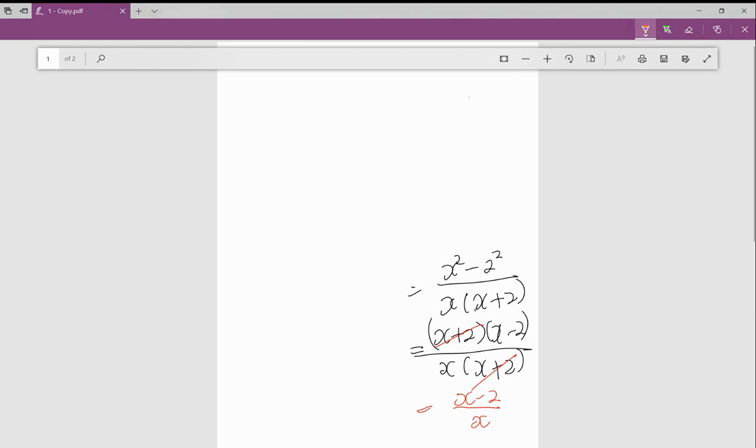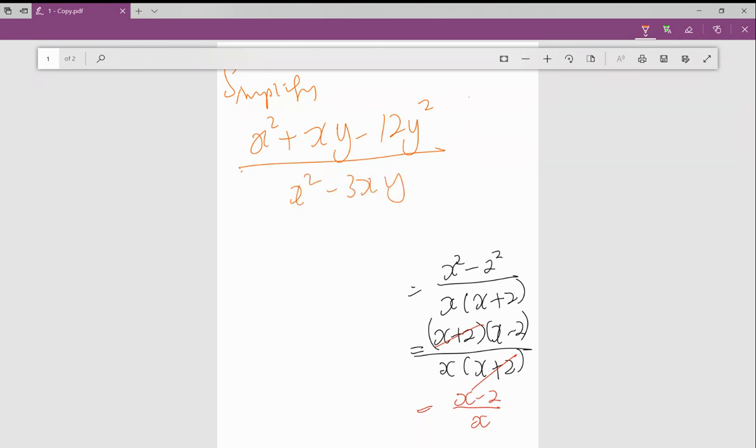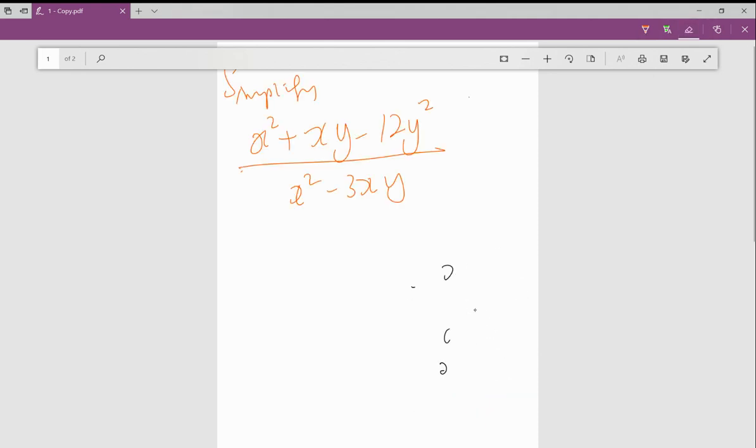Okay, so the question is simplify x squared plus xy minus 12y squared divided by x squared minus 3xy. So you know that the numerator seems a little bit complicated. So it can only be done by using the quadratic multiplication frame approach. So I'm going to try and see whether I can factorize it.